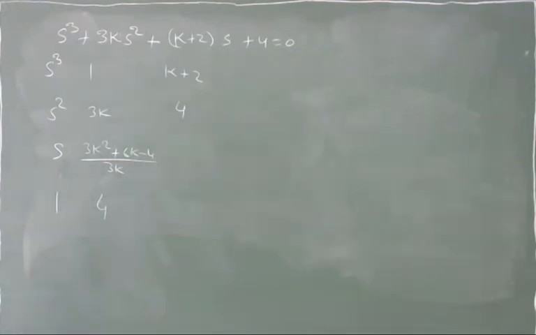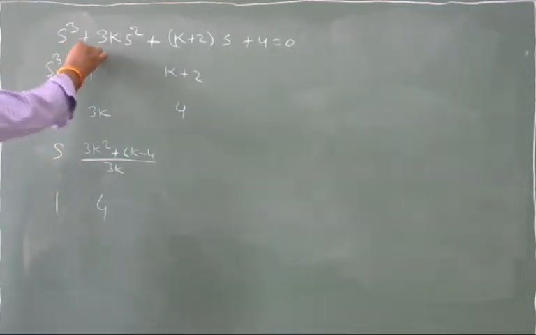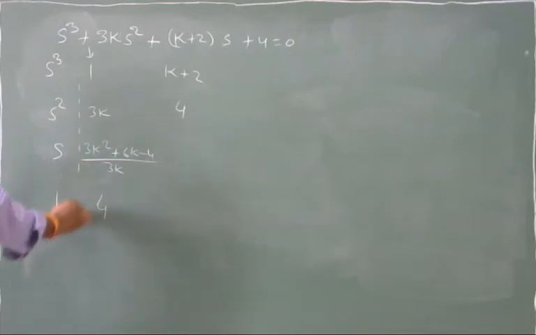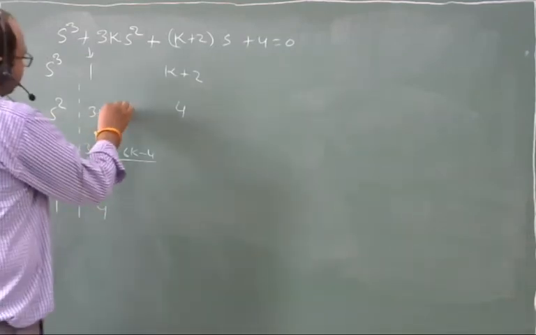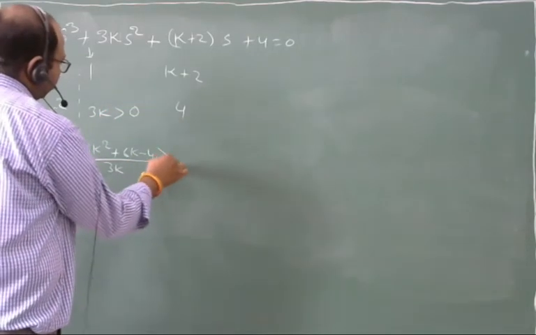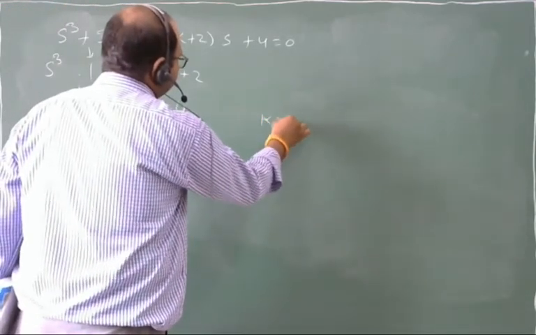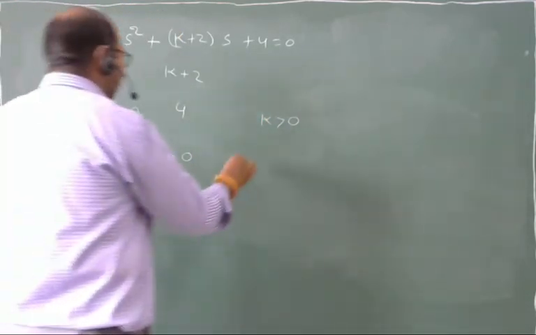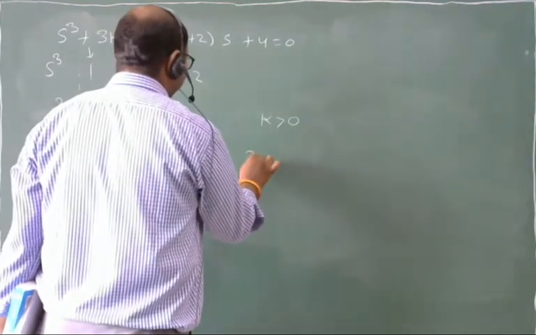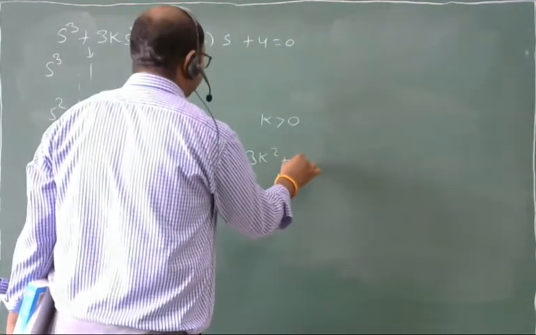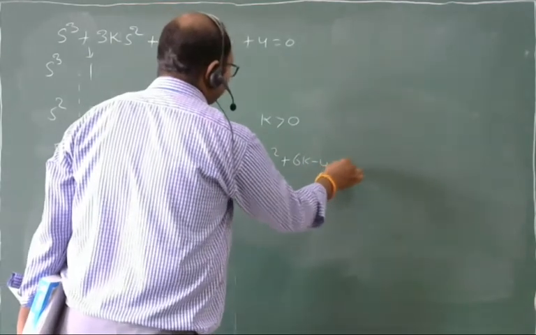For the system to be stable, this first column should always be positive, because the first value is positive and the last value is positive. So there should be no sign change in the first column. So this value should be greater than 0 and this value should be greater than 0. From here we have k should be greater than 0, and from here we have 3k square plus 6k minus 4 should be greater than 0, right?